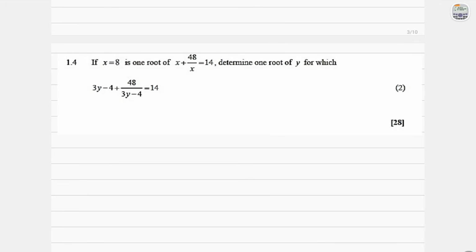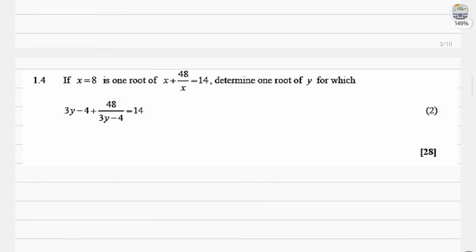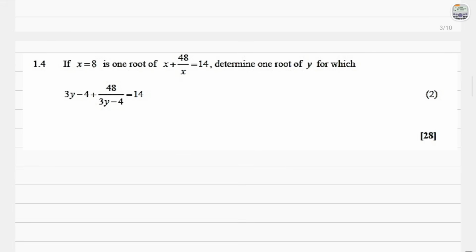Question 1.4 says, if x is equal to 8 is one root of x plus 48 over x is equal to 14. So this is actually a quadratic equation. You would just have to simplify it further. So if you have the x in the denominator, we could remove it by multiplying by x.